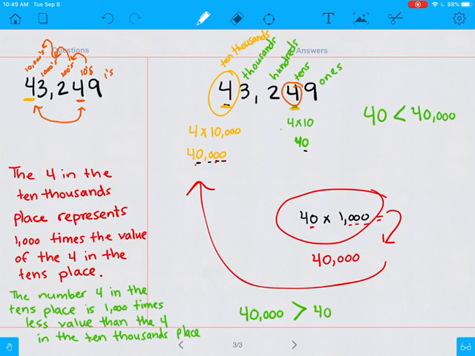I feel like there was one more thing I wanted to show you before I get off this video. So you see the place values increase by a factor of 10 each time. So 10 times 10 is 100, 100 times 10 is 1,000, 1,000 times 10 is 10,000.